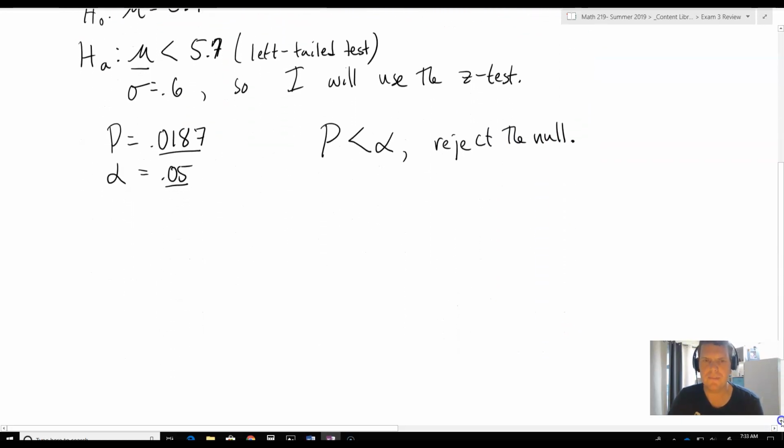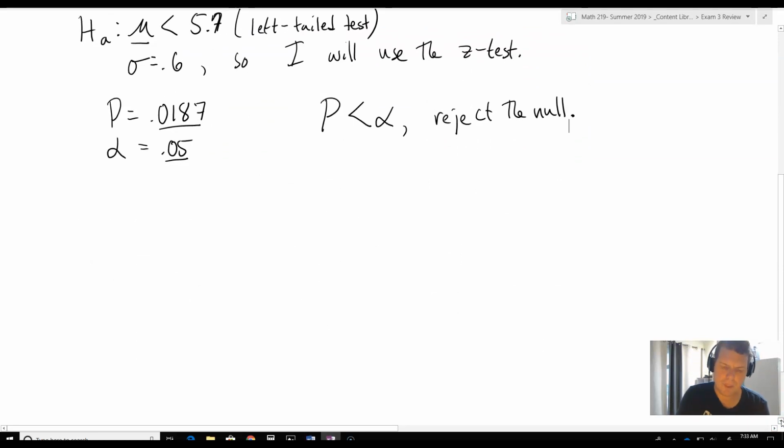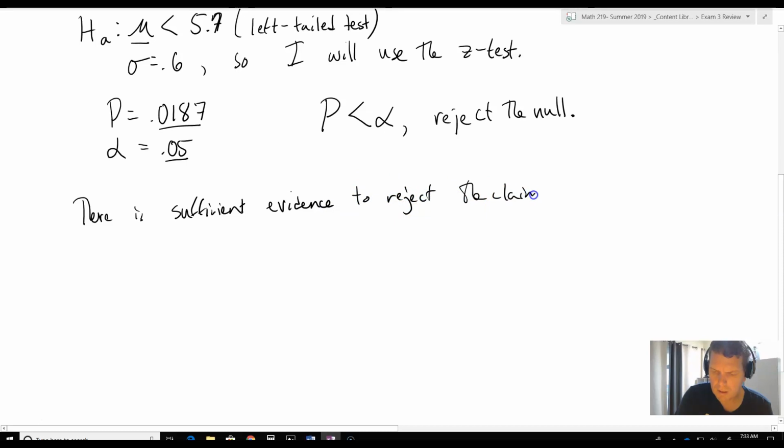So simple. Now, what that means is there is sufficient evidence to reject the claim that the mean pH is, and this is very important, 5.7. That's our null hypothesis.